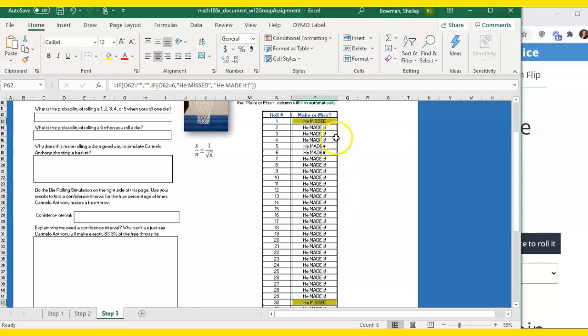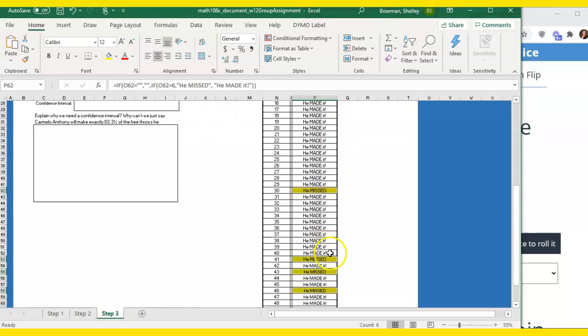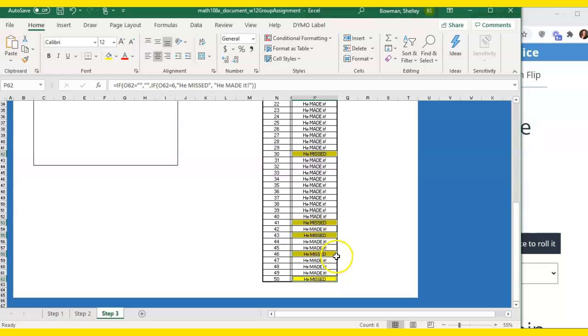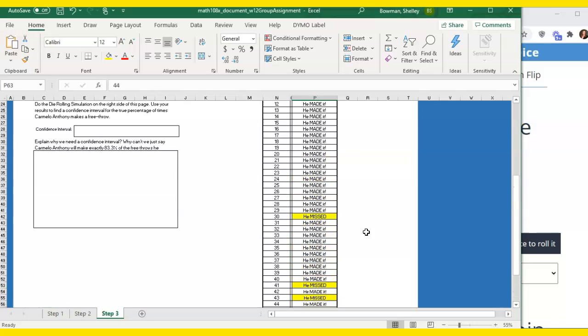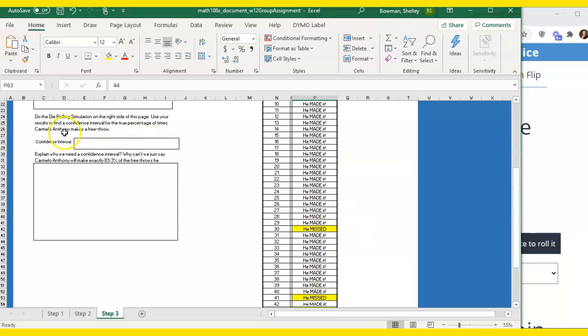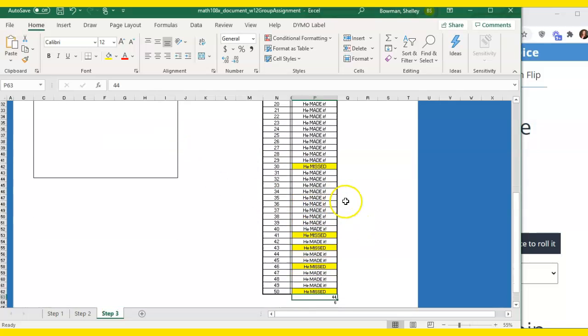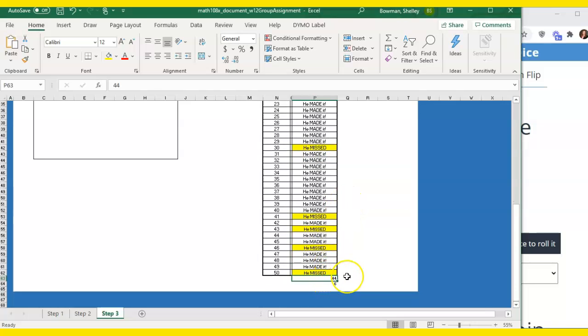Okay, so that means I have 1, 2, 3, 4, 5, 6. So 6 misses, and then because there are 50 here, I just subtract 6 and get my 44 so that I know how many times he made it, because we are looking at the confidence interval that he makes the free throw. So this is how many times I got, which was 44, and remember 50 is our total times.